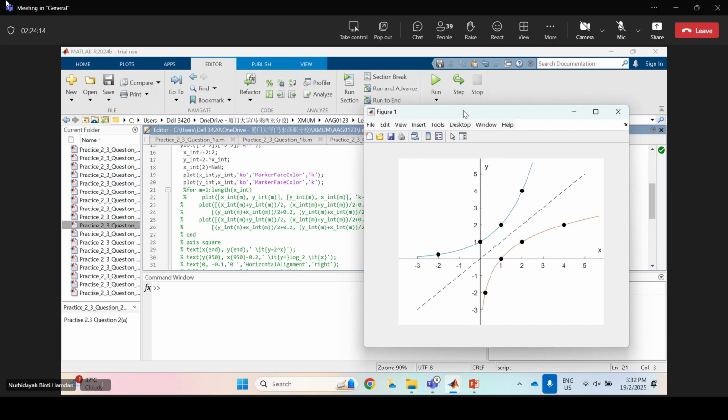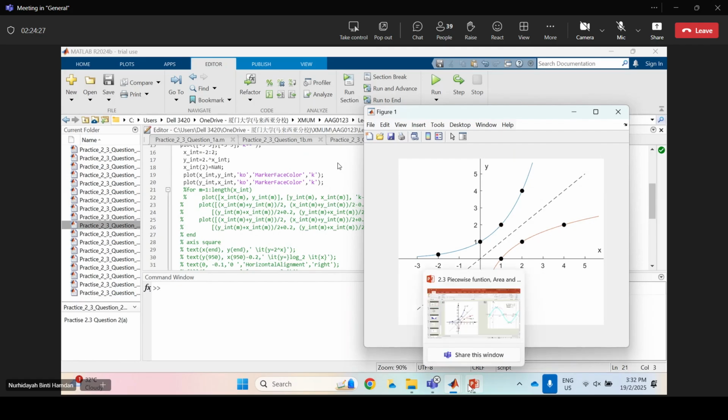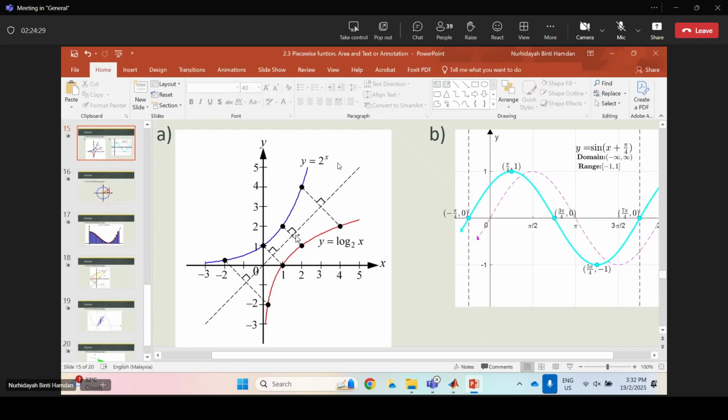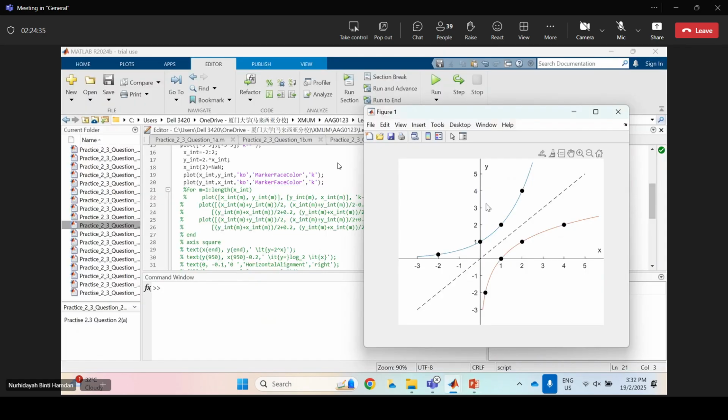Now we have to do a perpendicular line here to connect this and this, this and this, this and this, this and this. And we also have to put the 90 degrees angle.